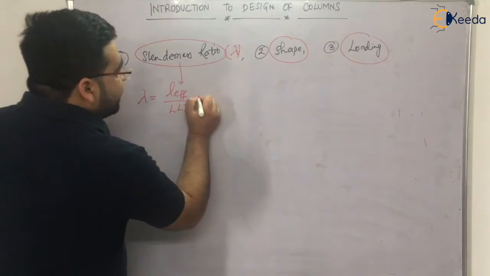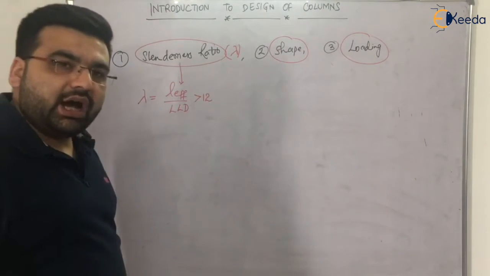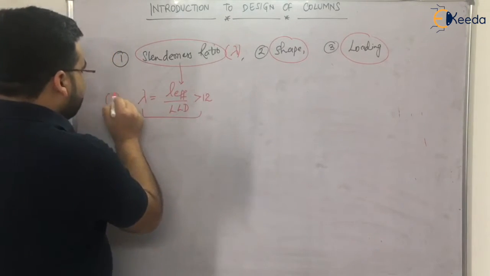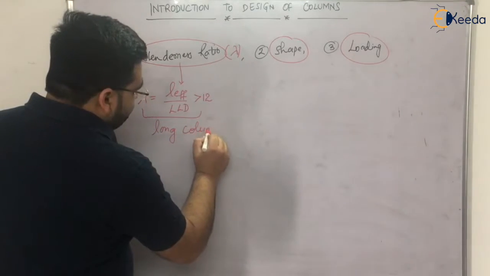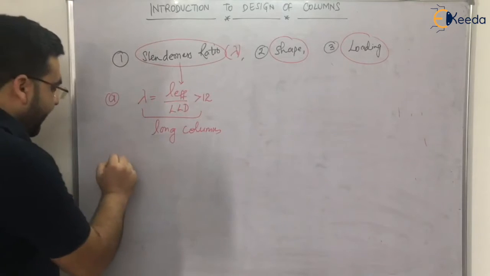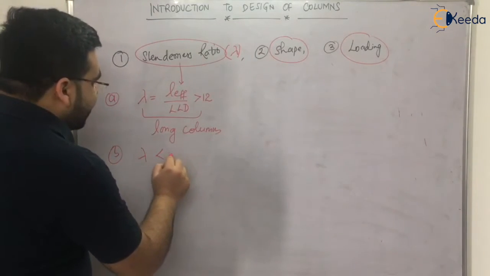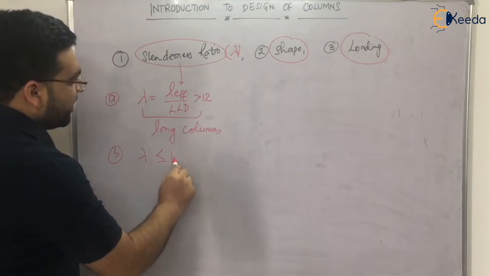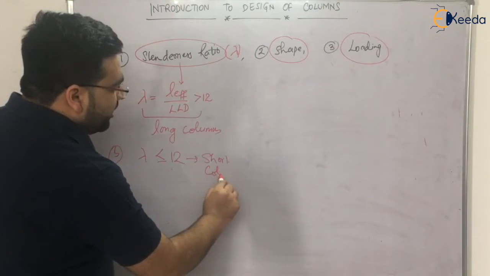If the value of lambda is greater than 12, these types of columns are known as long columns. And if the value of lambda is less than or equal to 12, then these types of columns are known as short columns. Clear?